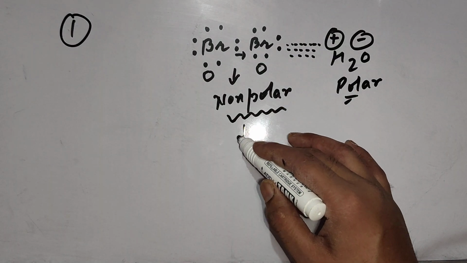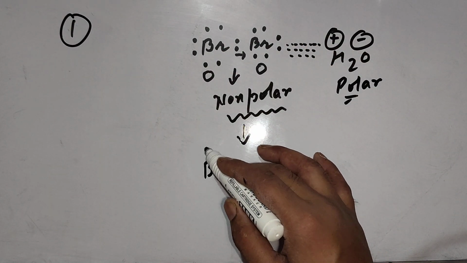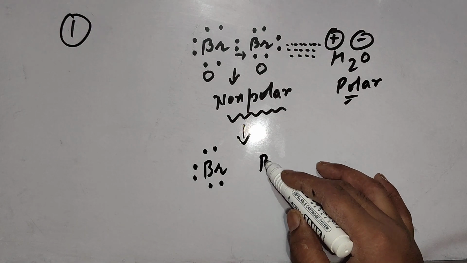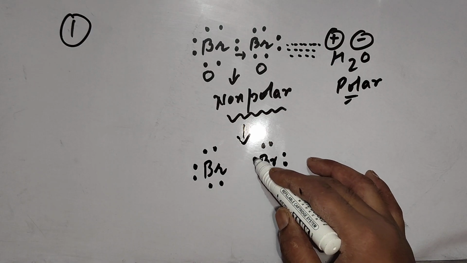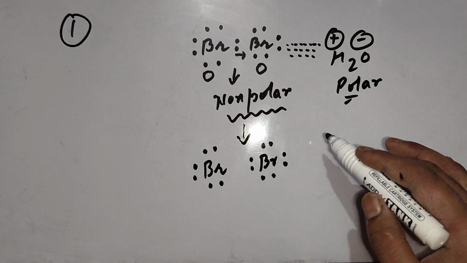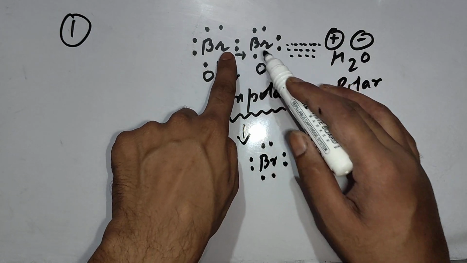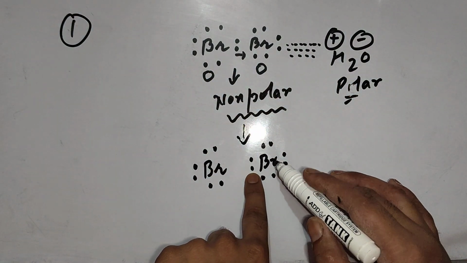Due to which, the next condition of this bromine molecule will become this. The shared electrons will slightly move toward the right-hand bromine. Obviously, out of these two electrons, one electron was of this bromine, so the right-hand bromine is getting extra electrons.